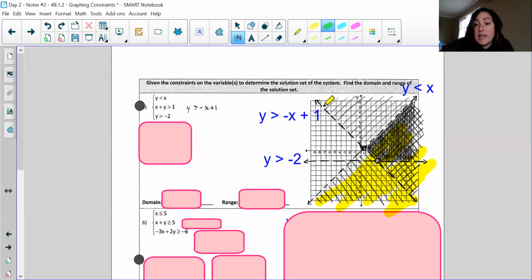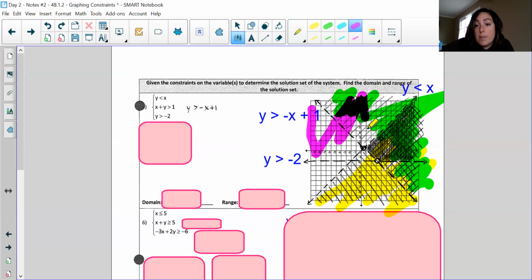So that's this line here, y-intercept of 1, slope of -1. So we have everywhere where y is greater than -x plus 1. So that's everything above that line. And then finally, we have y is greater than -2, which is this line right here. Y is greater than -2, so that means everything above it.